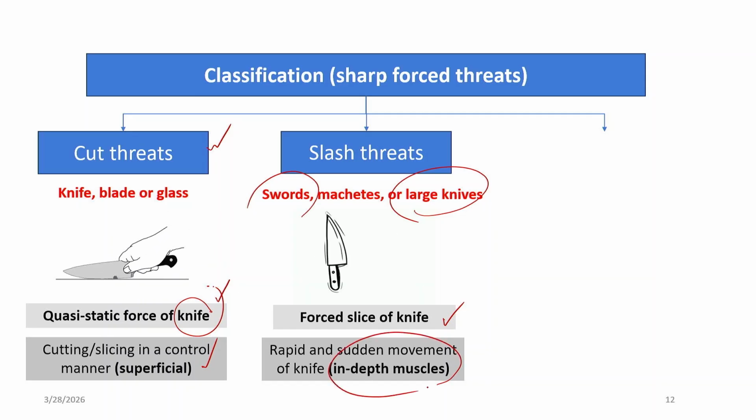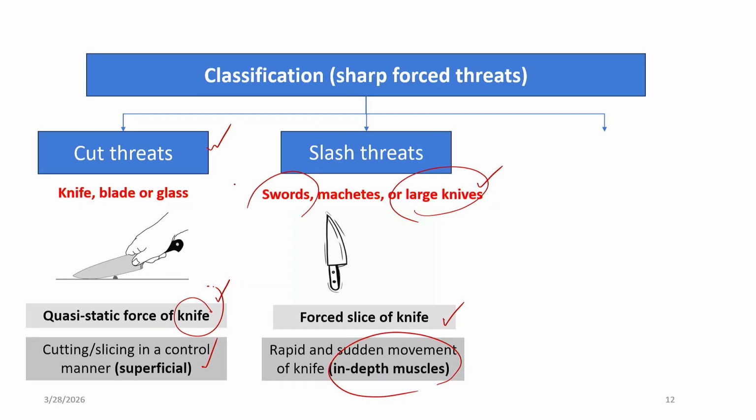Like in cut it was superficial and slow, quasi static motion, but here it is rapid. Typically, it is with large knives or sword, whereas cut may be with a small knife, blade or any sharp object.